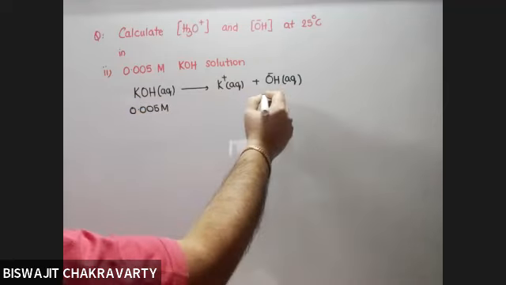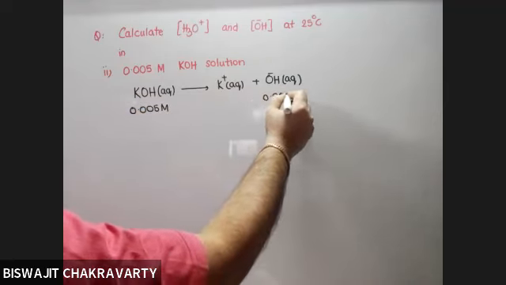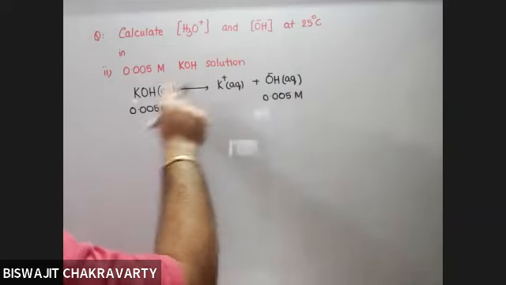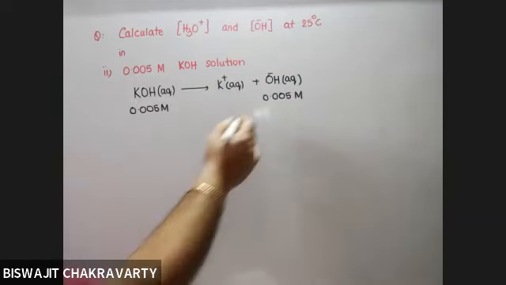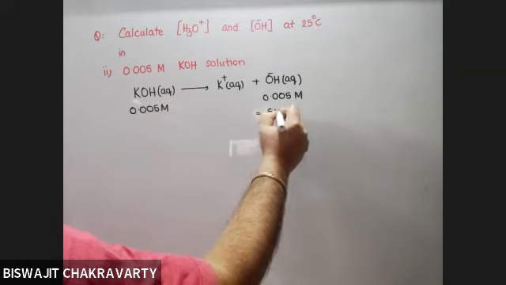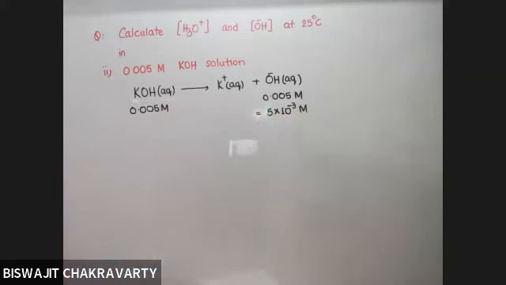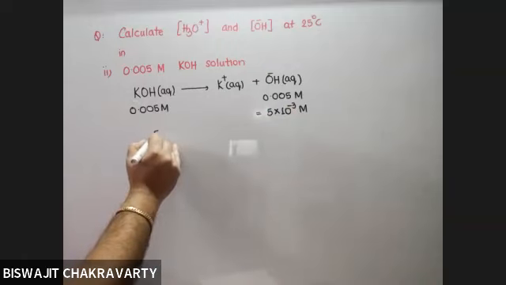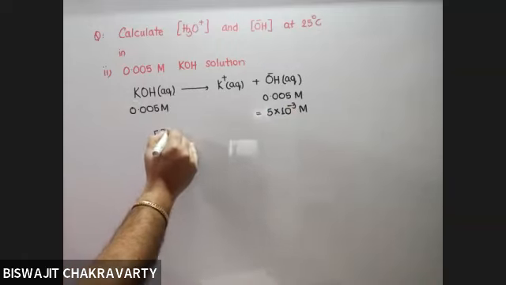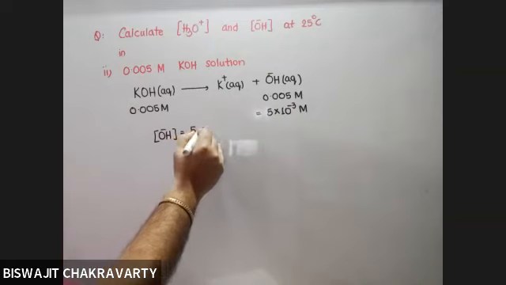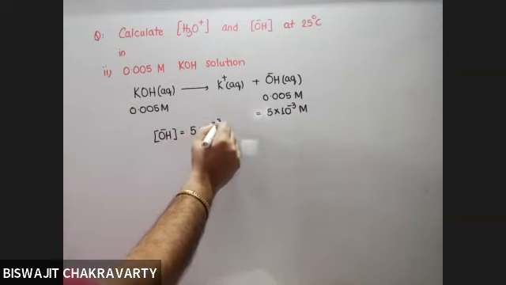So this is also going to give us 0.005 molar because the ratio is 1:1, which can be written as 5 into 10 to the power minus 3 molar. So OH- concentration is equal to 5 into 10 to the power minus 3 molar.